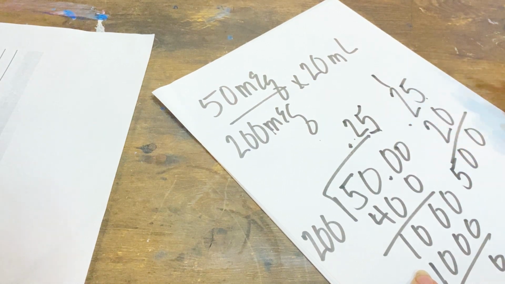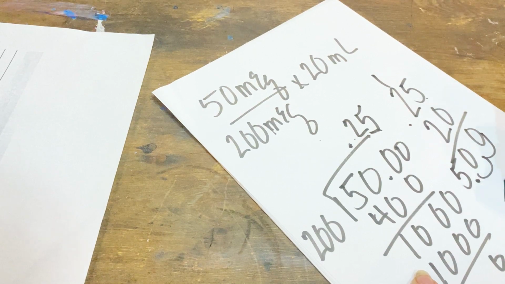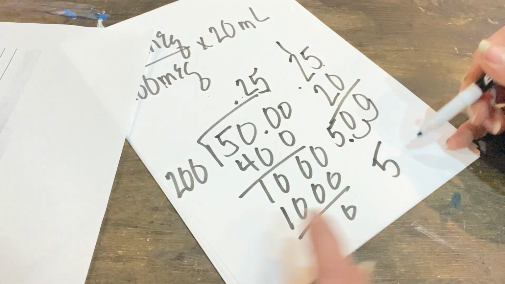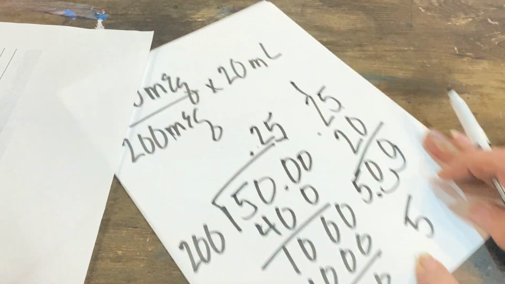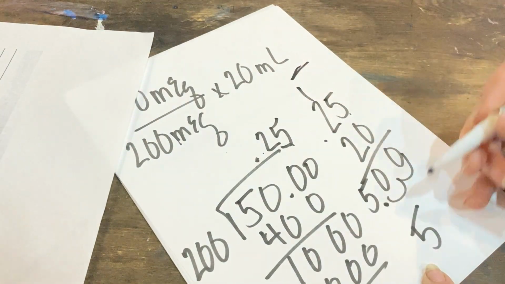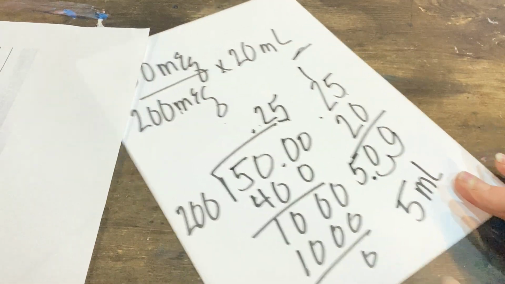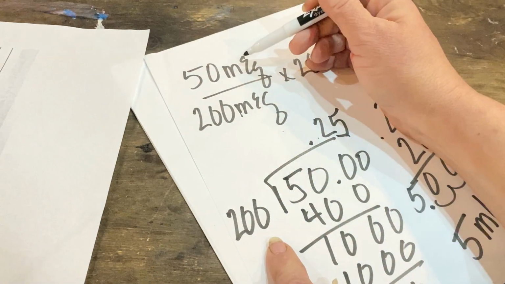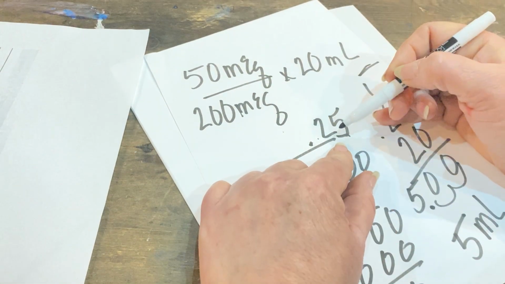There's 2 decimal places, so we got to go 1, 2. And so we should give them, oh goodness, we should give them 5 what? Whatever you wrote right there, milliliters. You should key it in. When you do 50 divided by 200, you should get 0.25.